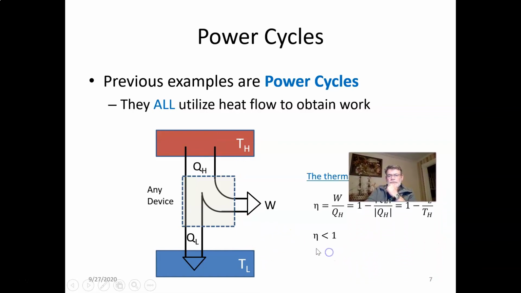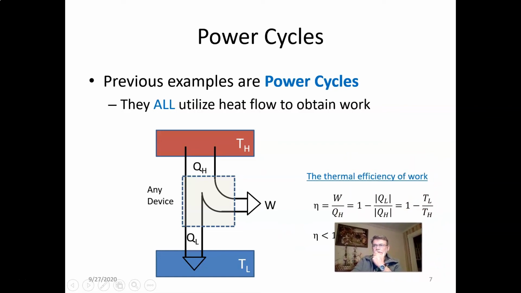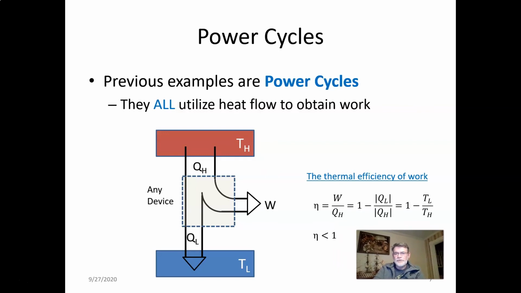The efficiency of that cycle depends only on the absolute temperature, and remember what absolute temperature is. Zero degrees Kelvin is minus 273 degrees Celsius.